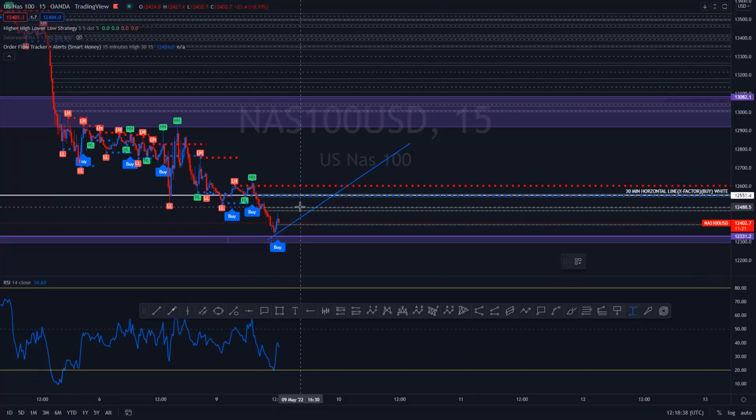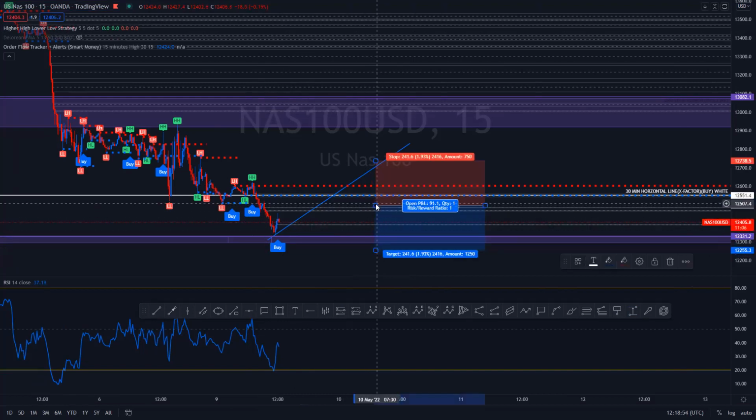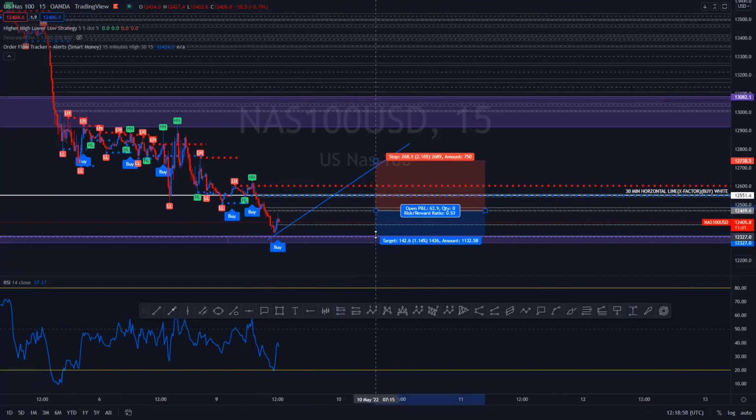If they brought it up to here and they brought it back all the way down to here, I don't know. It would be a little tricky to actually sell if price went all the way up here and then came all the way down here. It's possible, but I would have to see price come up and mitigate this area, hit up here, and then come back down to actually sell it. That's what I would have to see.